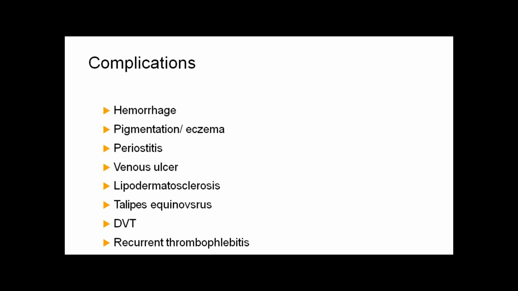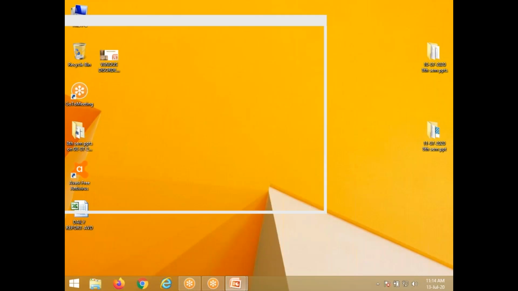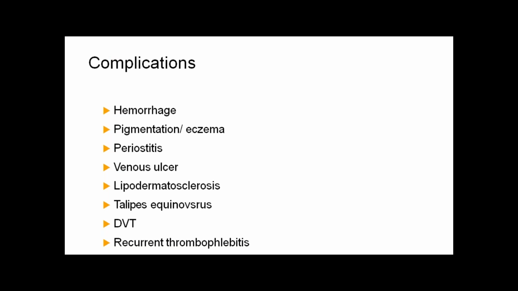That is called migratory thrombophlebitis, Trousseau's syndrome. It is seen in other conditions, mainly carcinoma of pancreas, ovarian carcinoma, prostate carcinoma, and gastrointestinal malignancies.